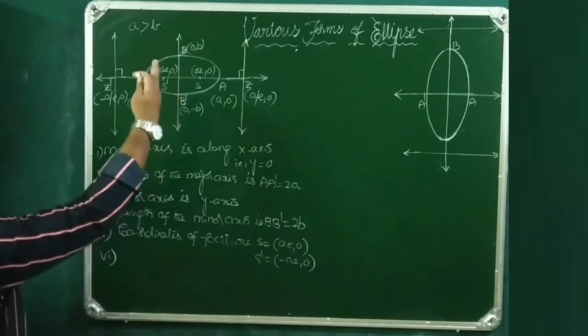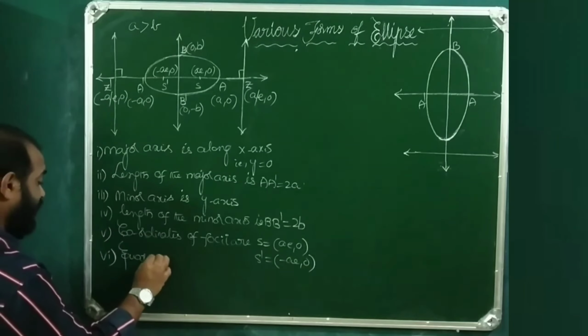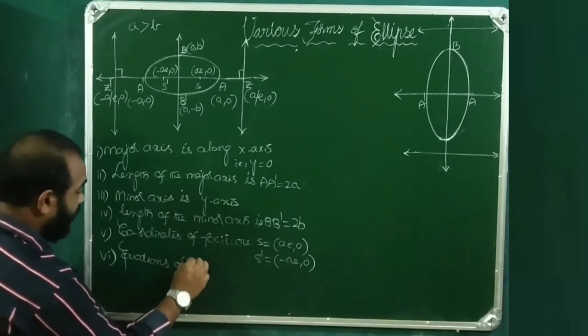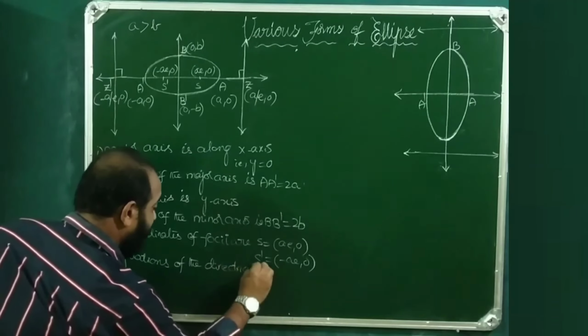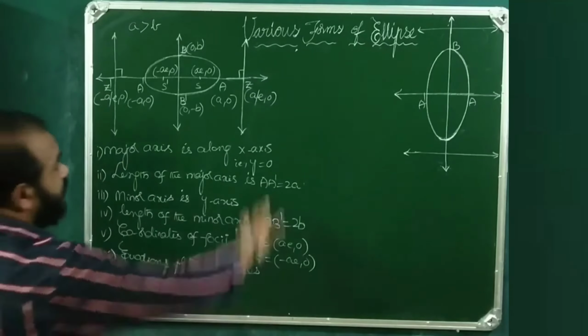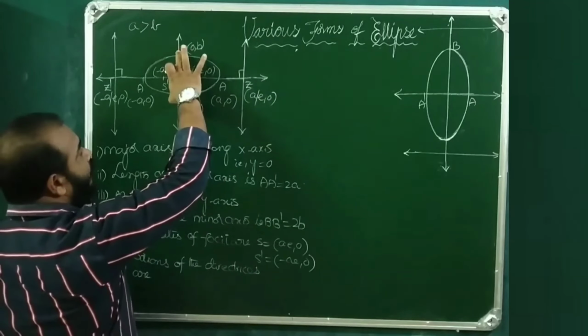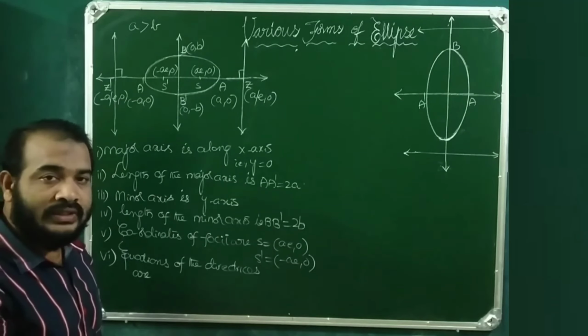Therefore, the equations of the directrices are, so this line is parallel to the y-axis. Any line which is parallel to the y-axis is of the form x equals k.